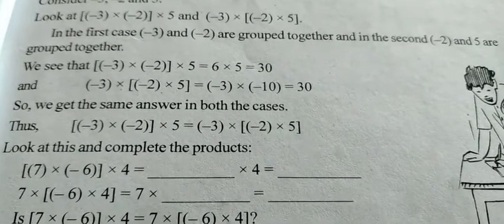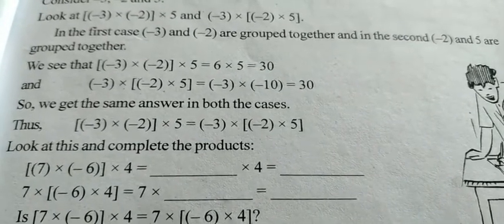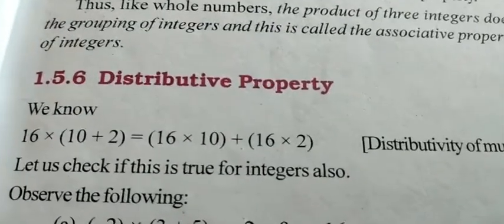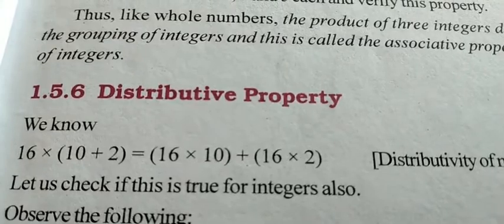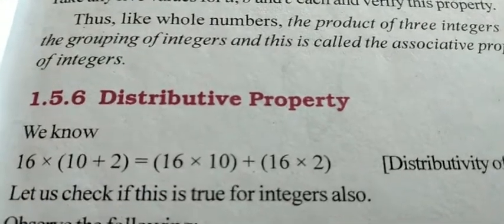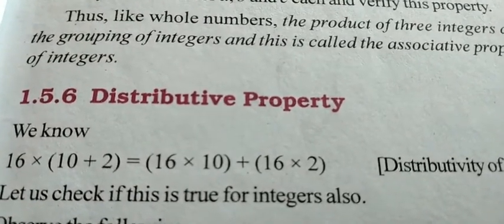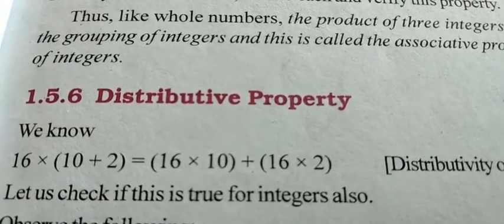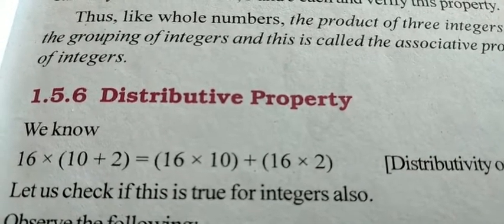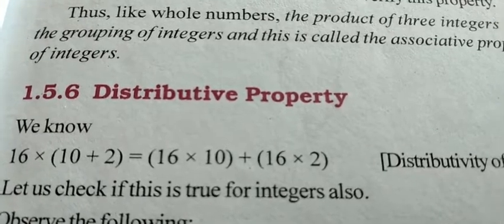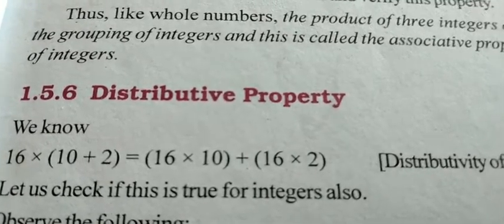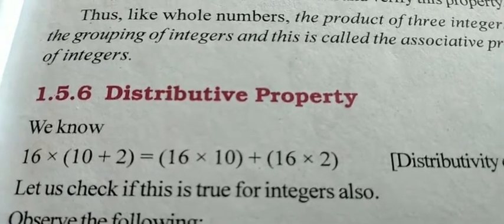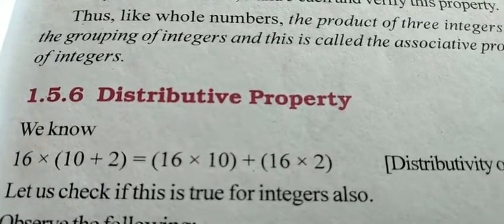Brackets might be there, but the difference is that here multiplication is distributed over addition. Understood? That is how you have to differentiate between the two properties. You have to see whether everywhere there is only multiplication, or within the brackets both addition and multiplication are there.